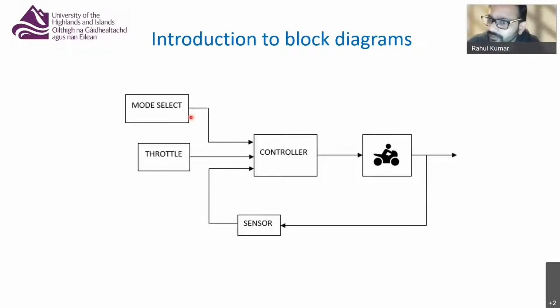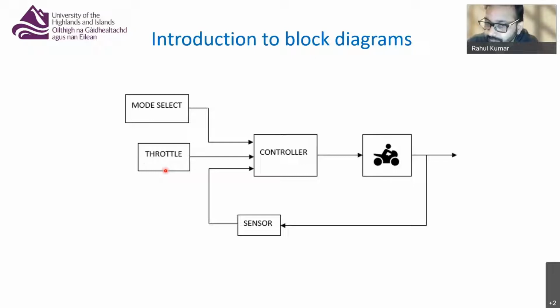Nowadays we have advanced motorbikes, so they have these different types of modes in them. So you may have a block which allows you to select different modes. And then you may have a separate block or a set of components represented by this block here to control the throttle.